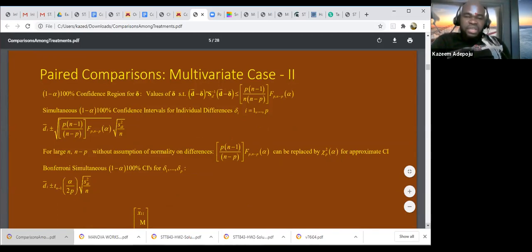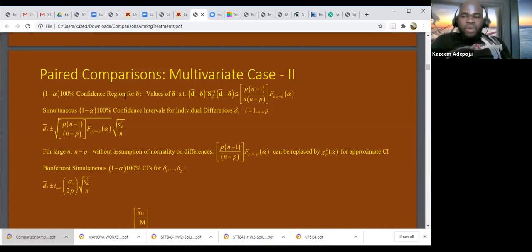Now, from there, we can also have the confidence interval on the vector means of the difference. So this is how to do the confidence interval. And you remember the other time I walked you through different kinds of confidence intervals in the multivariate setting. We're also going to have that here. This formula right here is the 1 minus alpha 100% confidence interval for the vector of the pair of differences.